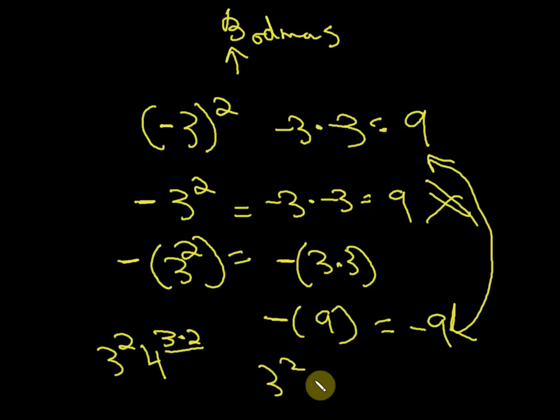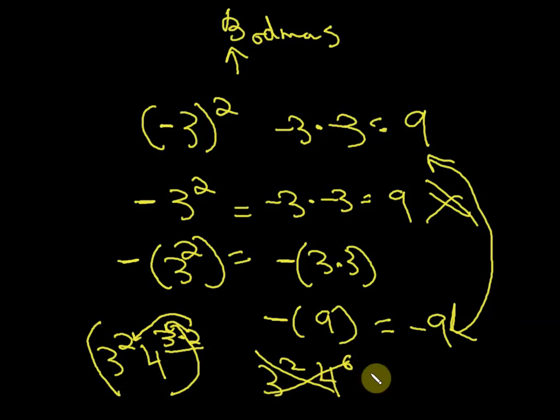So this is 3 squared, times 4 to the 6th. Okay. So you want to pay attention to that, because what can also happen is, if I change this around, this is incorrect. I need to actually multiply this 2 by this 2 and this 2 by this 3. So instead of getting 3 squared times 4 to the 6th, I'm actually getting 3 to the 4th times 4 to the 6th. So brackets become very, very important in your understanding right now when you're dealing with exponents.